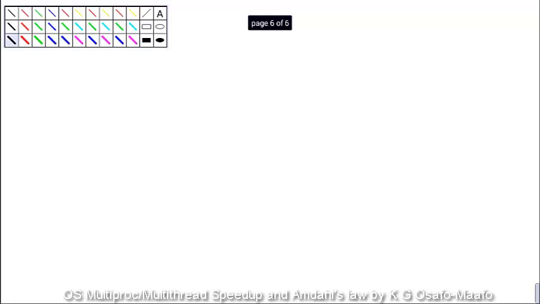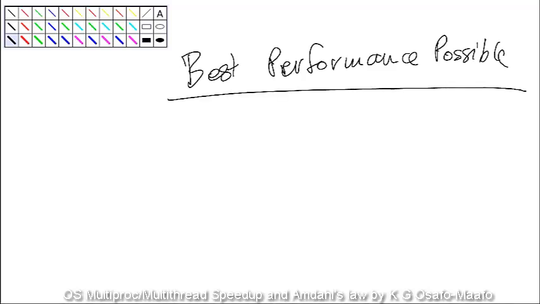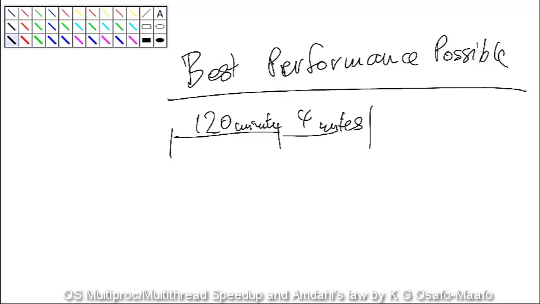I mean, what's the best performance possible for this problem if I had multiple processors. Right. Now, if you think about it carefully, there is 120 minutes of parallel work, or work that you could make parallel, followed by 4 minutes of work that has to be done serial.